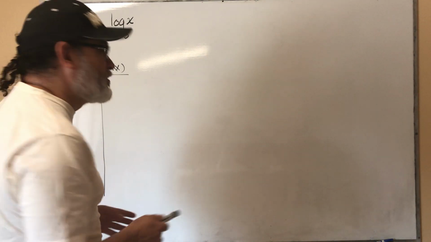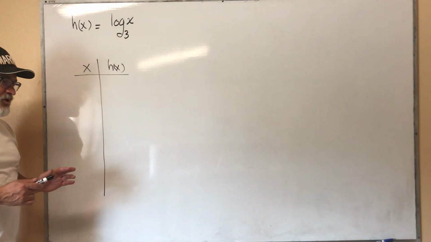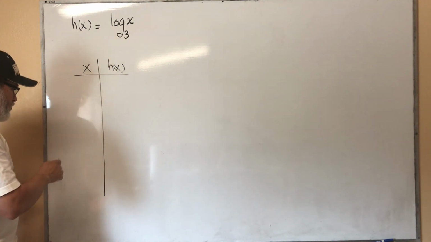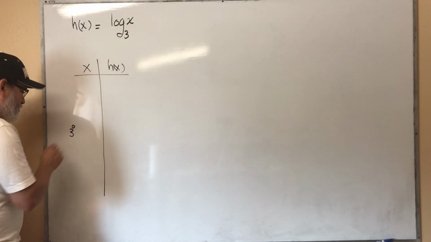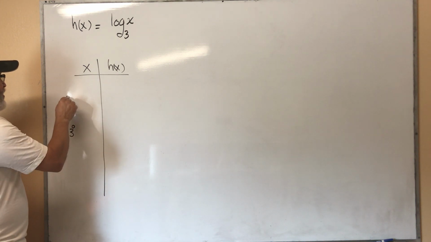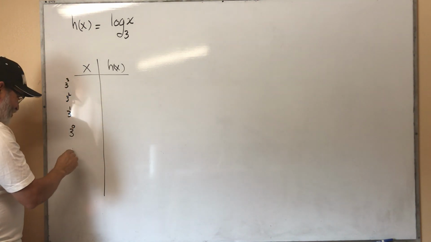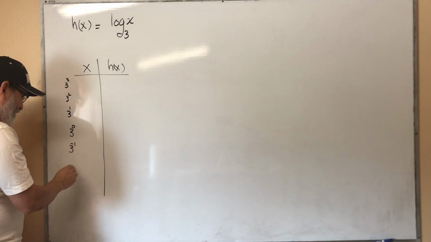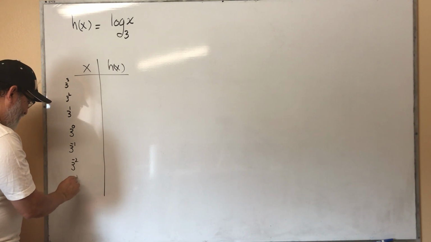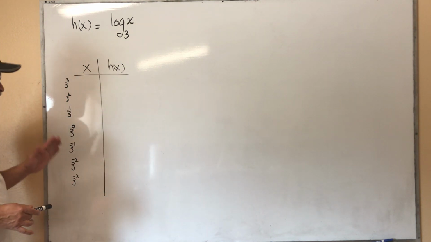What am I talking about? Here's a smart value for x. You got to pick smart values. 3 to the 0. 3 to the first. 3 to the second. 3 to the third. 3 to the -1. 3 to the -2. 3 to the -3. These are smart values for x.